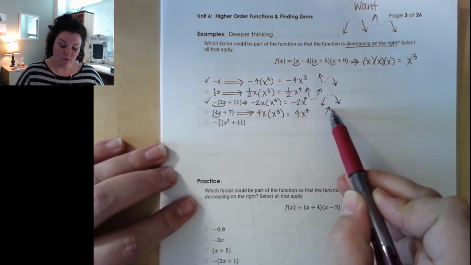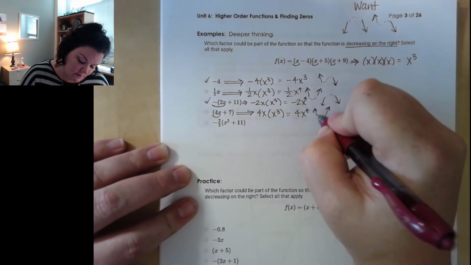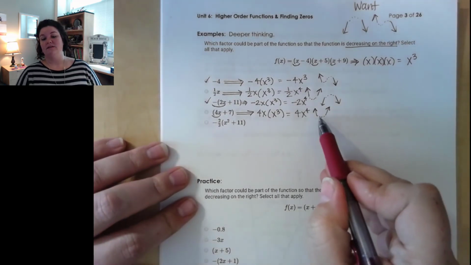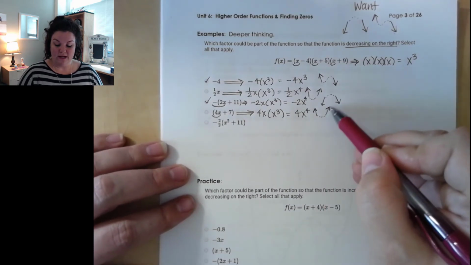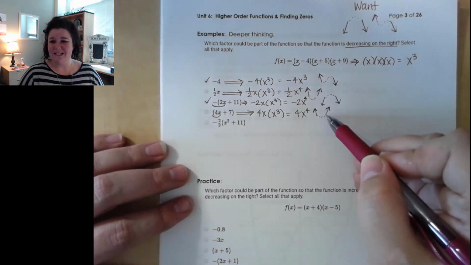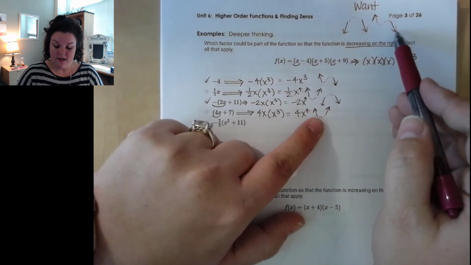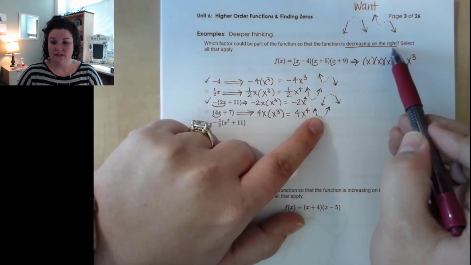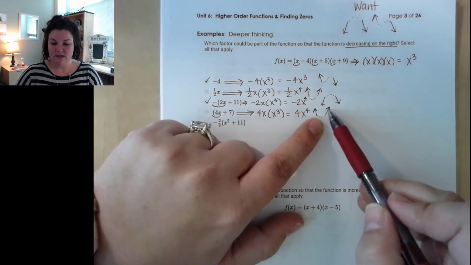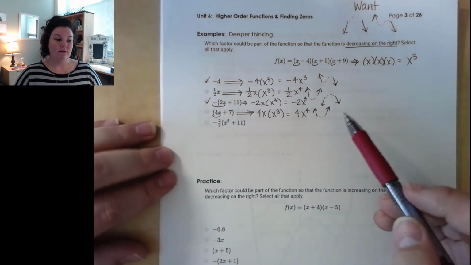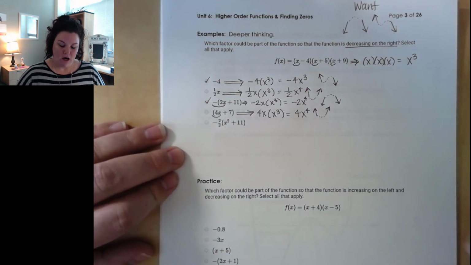So if the right side's going up, the left side's going up. Honestly, on this one, I could have stopped as soon as I saw the right behavior, because as long as this right side's going up, I know this one is not my desired shape. I want it decreasing to the right. I need the right side going down. So as soon as I see this one's going up, I know it's not going to be a solution.